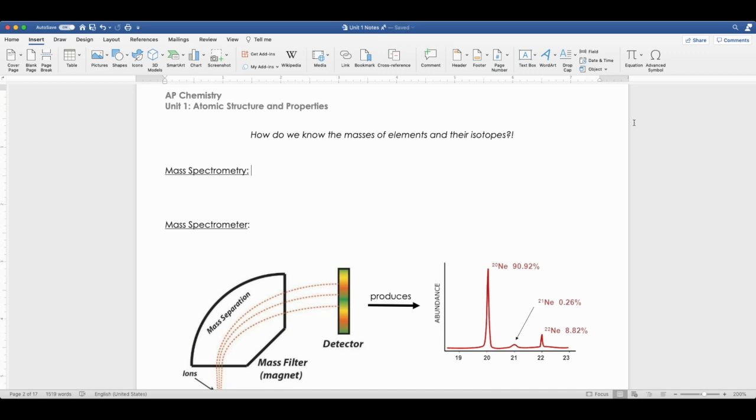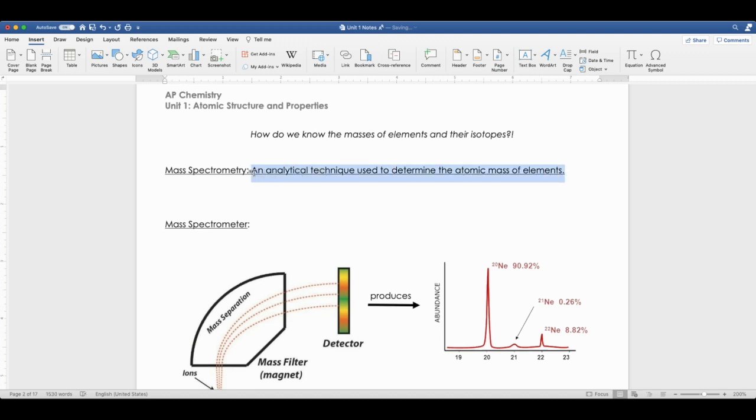And rather than write on here for the words, I'm just going to type it out because I think it would make it easier for you to read, and it's a lot faster for me as well. So mass spectrometry is an analytical technique that's used to determine the atomic mass of elements.